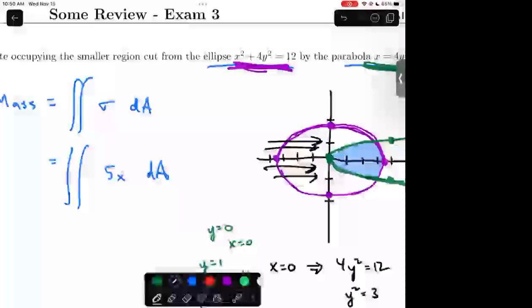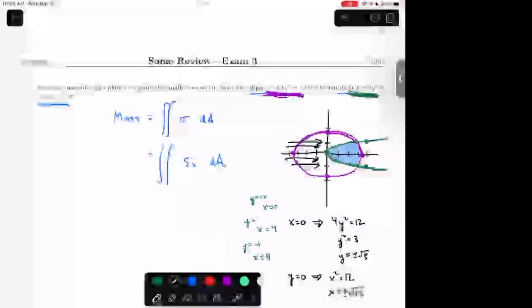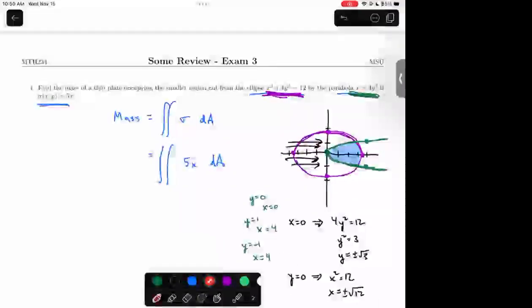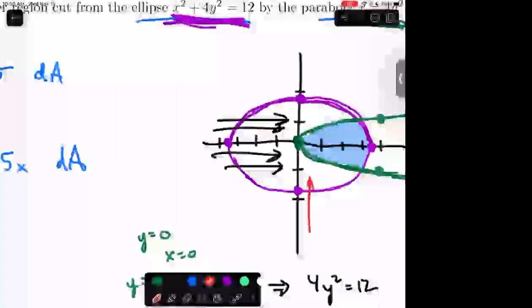Why I say that and why I believe it's much, much better is because if you decided to integrate with respect to y first, you would actually have to split this up into two different integrals, because how you enter into your region would sometimes be along this bottom portion of a parabola, which by the way would have some square root in it. But other times it would be along this bottom portion of the ellipse.